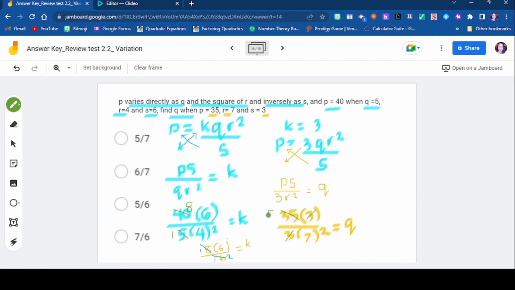This will become 5. Since I already used one 7, and it says 7 squared, so there are two 7s, I could put this one as 1 now because one 7 is already canceled. So what is left is 5 over 7. So that is the answer for our Q, which is the first option.